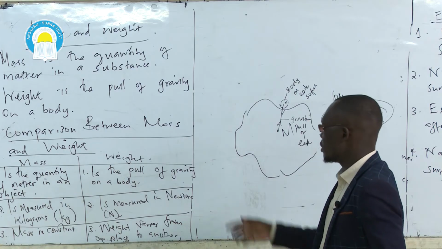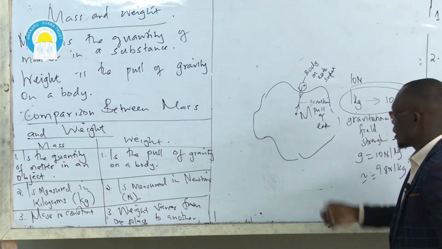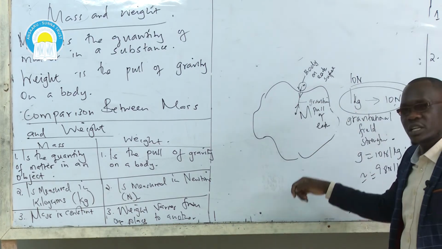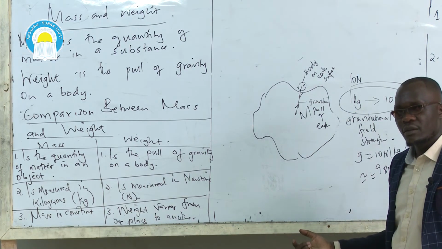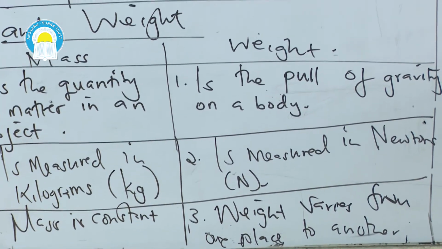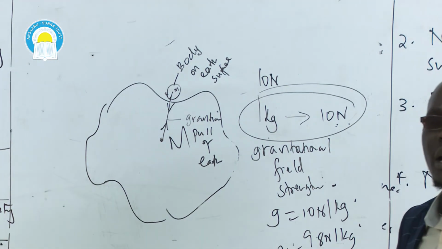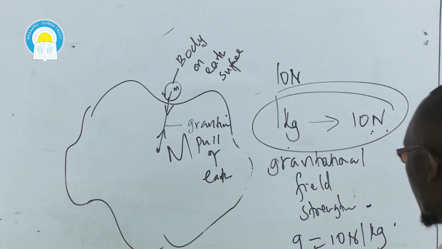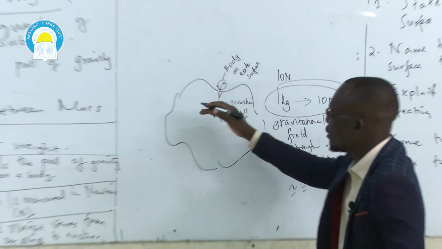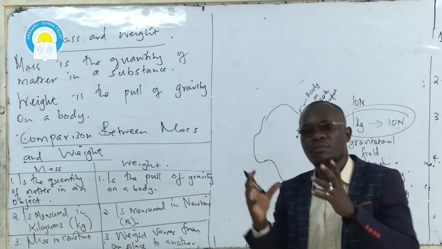Therefore, this pull of gravity, we saw when we were learning about gravitational force, varies from one place to another. Because the pull of gravity depends on how close or how far you are from the center of the earth. So the pull of gravity varies from one heavenly body to another. And we say the smaller the heavenly body, the smaller the pull of gravity on it.